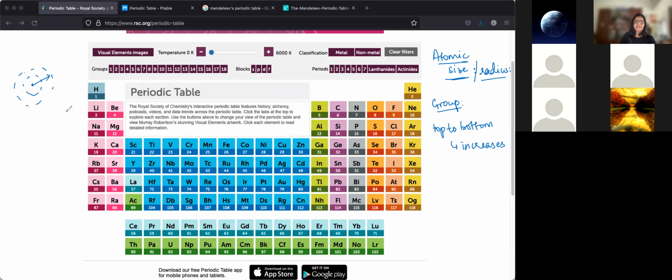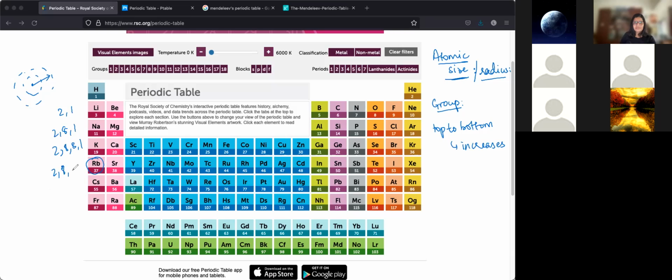It's very, very direct. You can directly see that lithium has only 2 shells, sodium has 3 shells, potassium has 4 shells. Rubidium, can anyone guess how many shells are there in rubidium? 5. 5 is absolutely right.